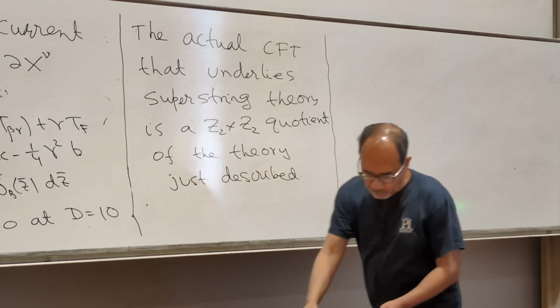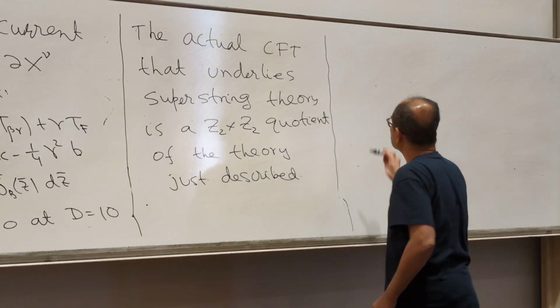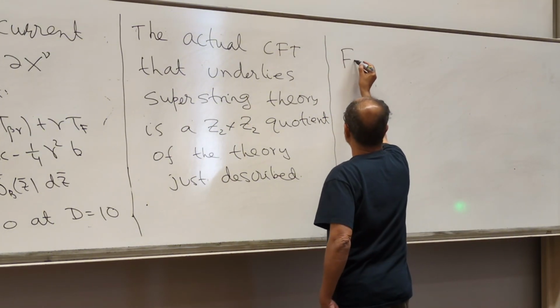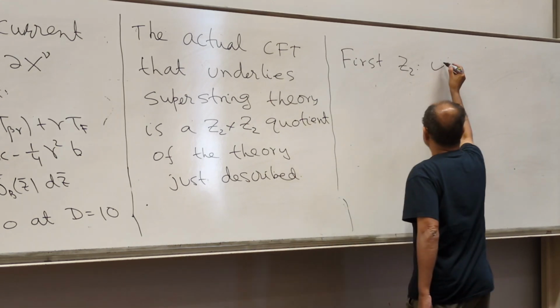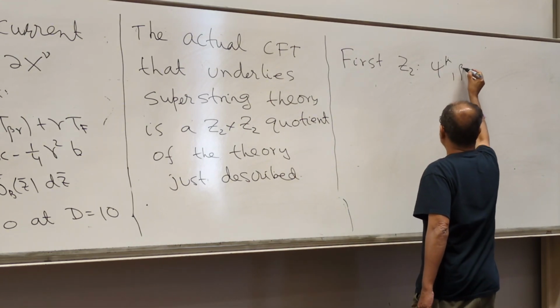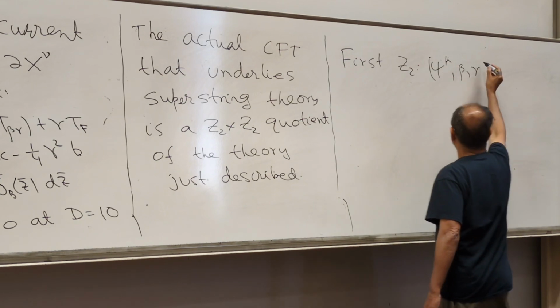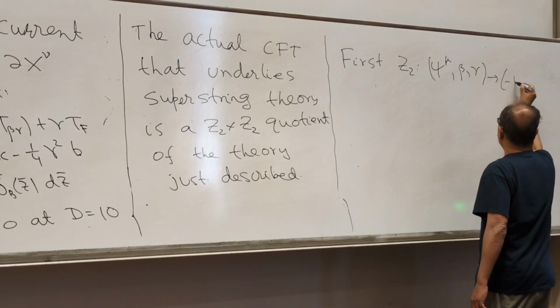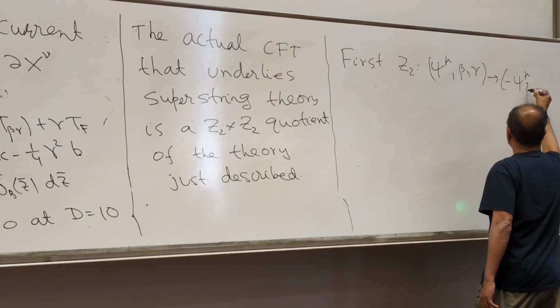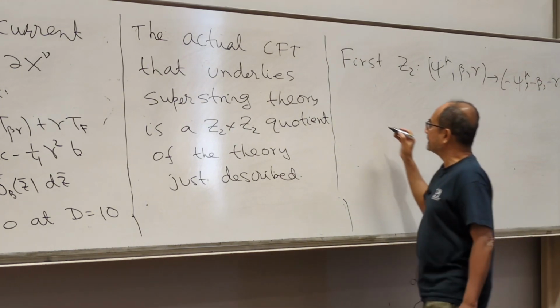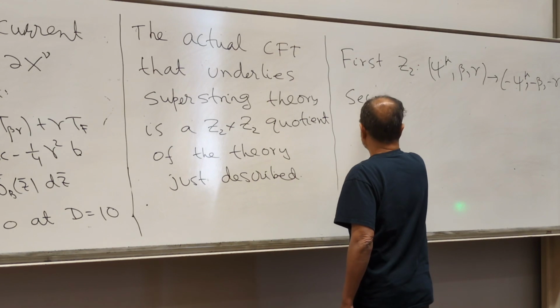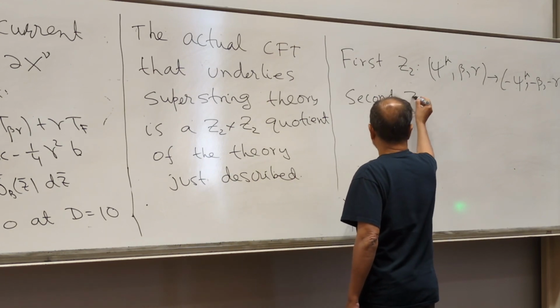The first Z2 takes psi mu, beta, gamma to minus psi mu, minus beta and minus gamma, and the second Z2 does the same thing for the antiholomorphic sector.